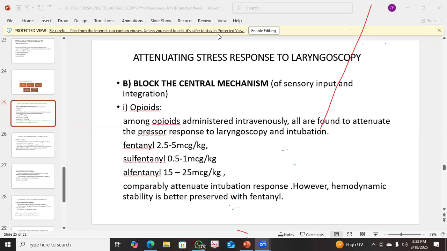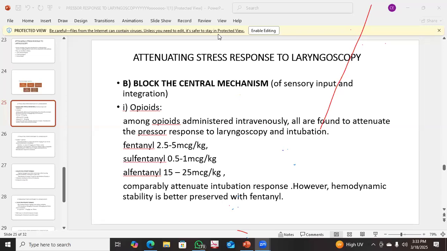So the second question in the chat box said, what was esmolol compared to? The esmolol was compared to fentanyl, dexmedetomidine, and clonidine. Those were the drugs compared to esmolol.